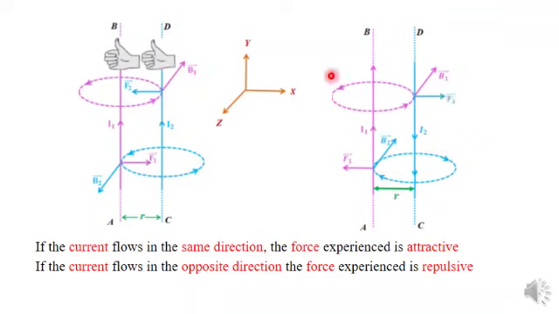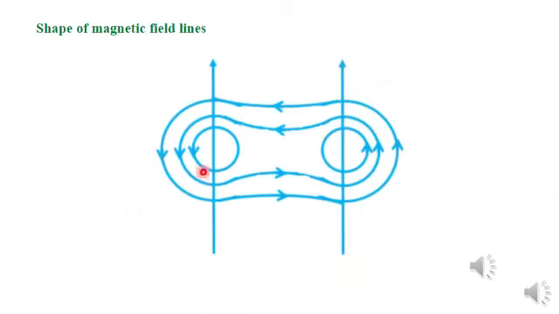This you can try as like this. So if the current flows in opposite directions, the force experienced is repulsive. This is the direction of magnetic field lines around two current carrying conductors if the currents are flowing in the same direction.